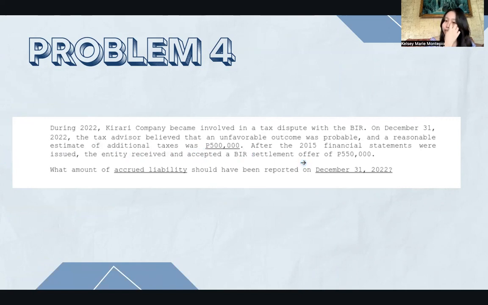After the 2015 financial statements were issued, the entity received and accepted a BIR settlement of 550,000. The question is, what amount of accrued liability should have been reported on December 31, 2022?